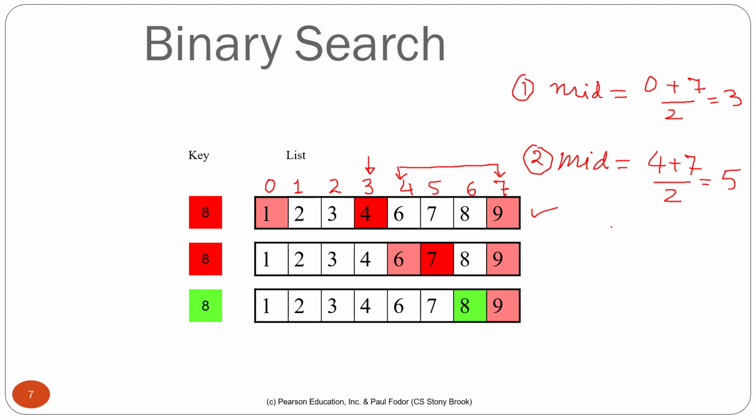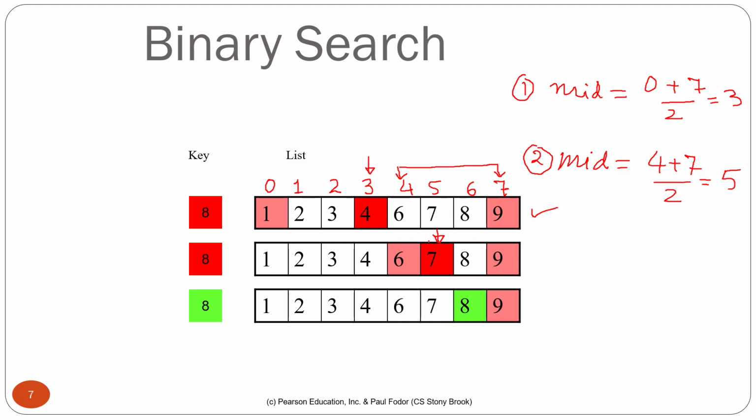It's an integer division, right? So in your next iteration you're comparing 8 with the element present at index 5, and that element is 7. The result is the same as in the previous case: the key, which is 8, is greater than 7.